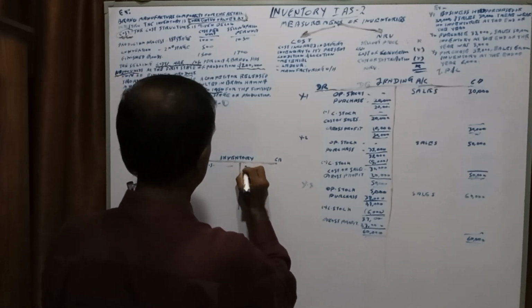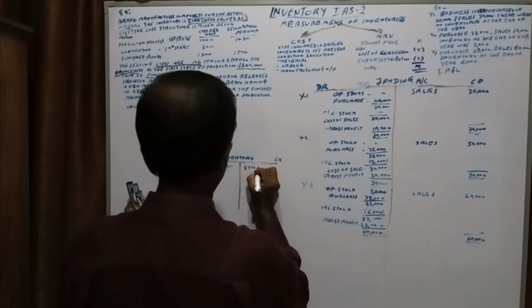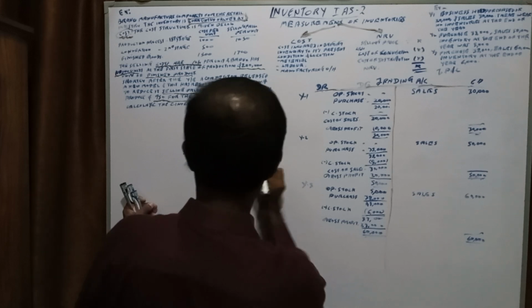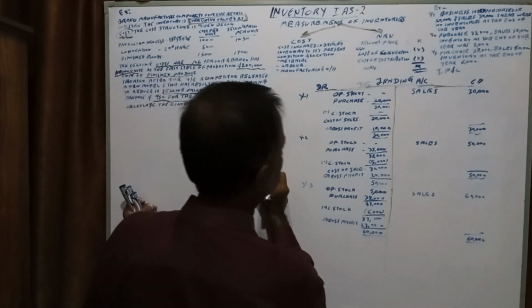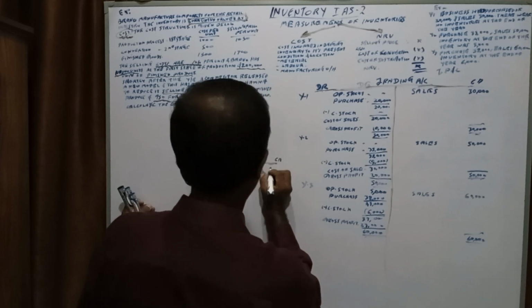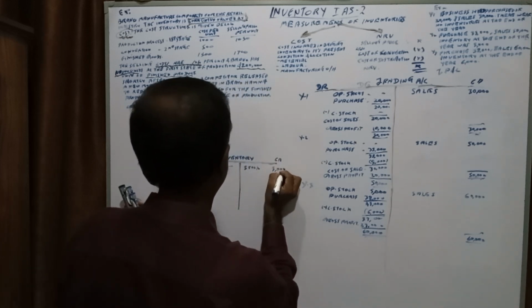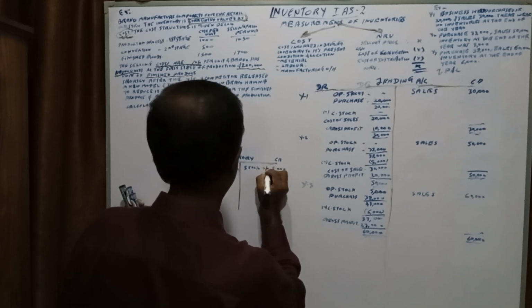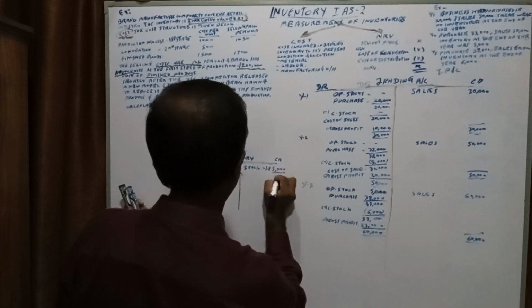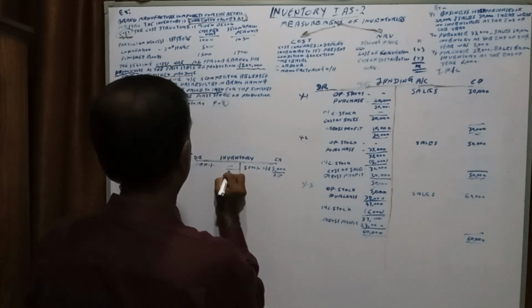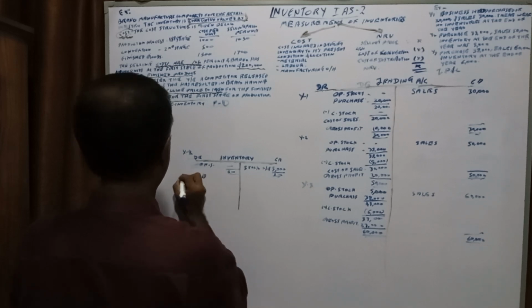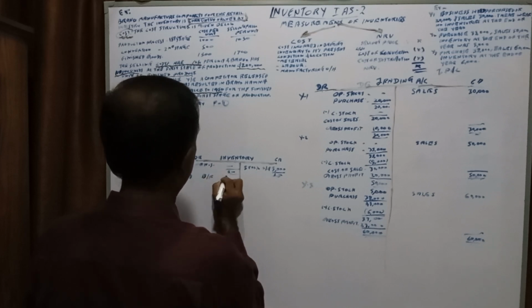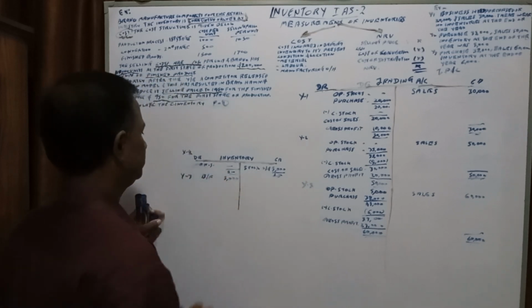This is stock. They said in year 2, right? In year 2 they said stock is 5,000, right? 5,000. This is the carried down value of 5,000. Then the brought forward value in year 3 will be 5,000, right?